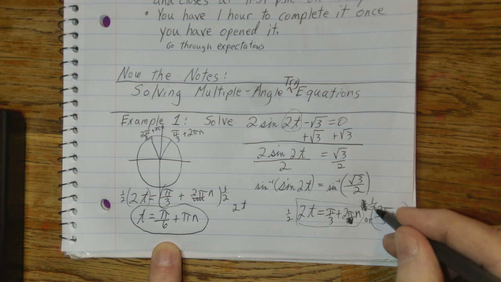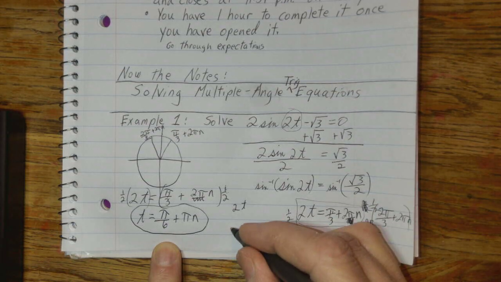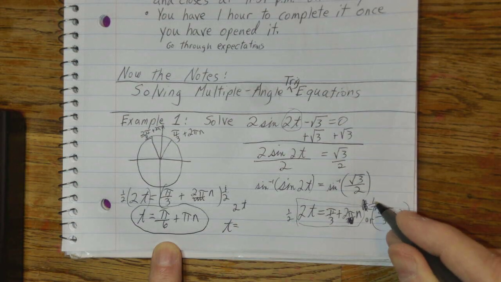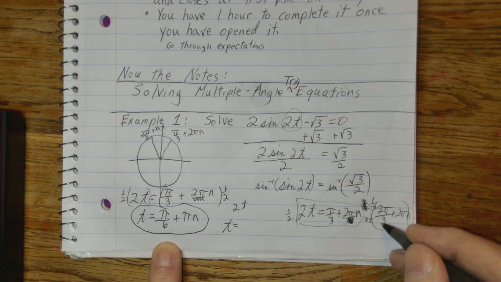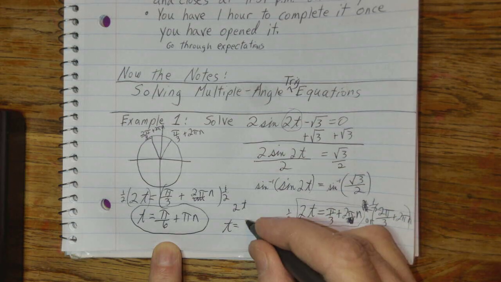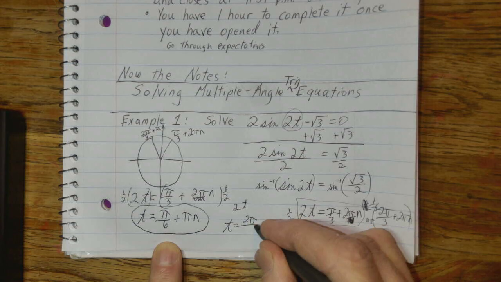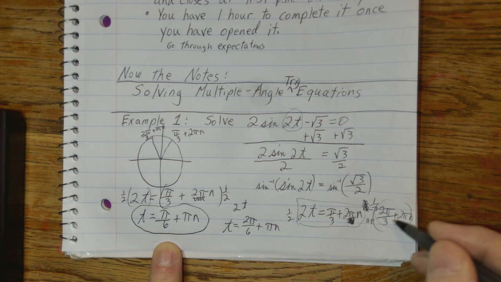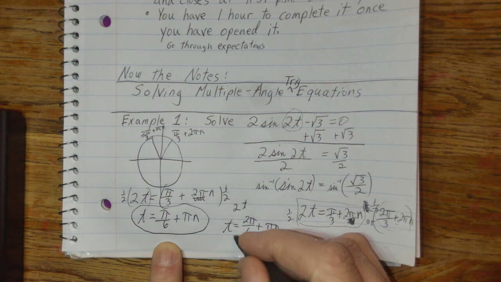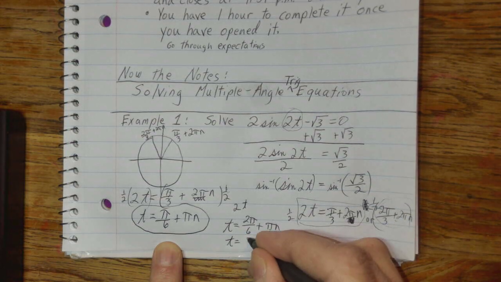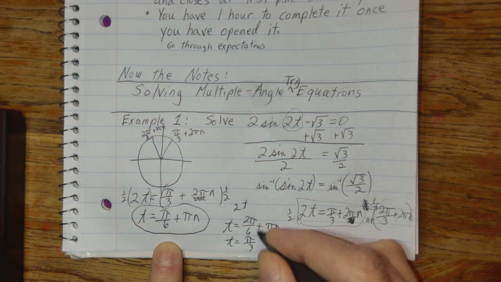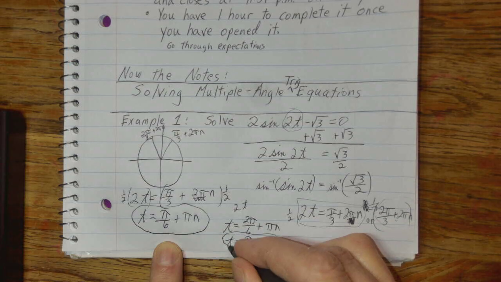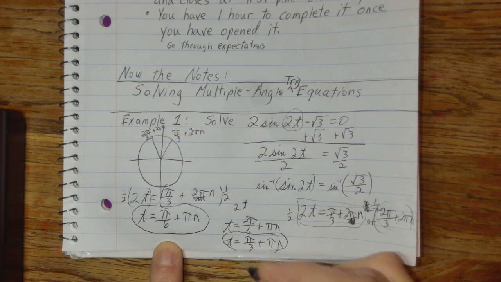If I take half of that, this part, I'll get t equals, and I think you'll see that would be 2 pi over 6 plus pi times n. I'm doing it with 2 pi over 3. I just ran out of room, and I'm not being very professional here. Sorry about that. But 2 pi over 6 is pi over 3 plus pi n. So here are the solutions.